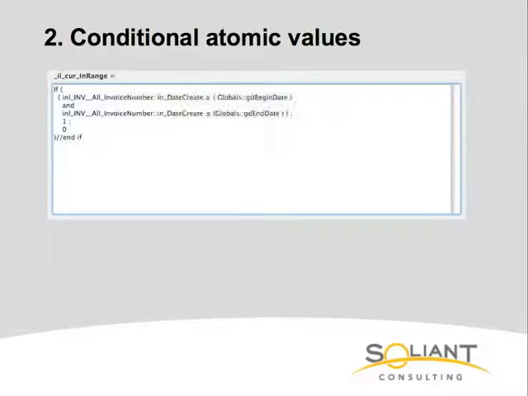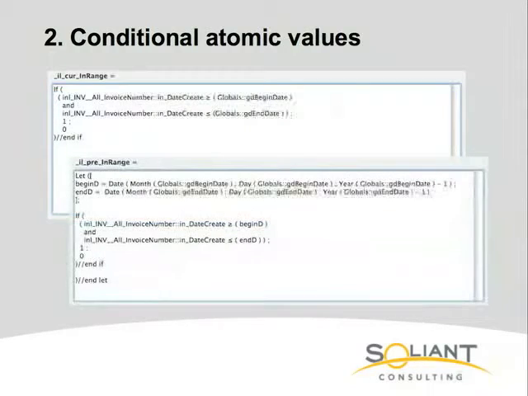So if the invoice line item date is greater than or equal to the beginning date and the invoice line item date is less than or equal to the ending date, then it's true. Otherwise, it's false. Now, that's not in and of itself extremely useful, but in a second we'll extend that out to do something useful with it.